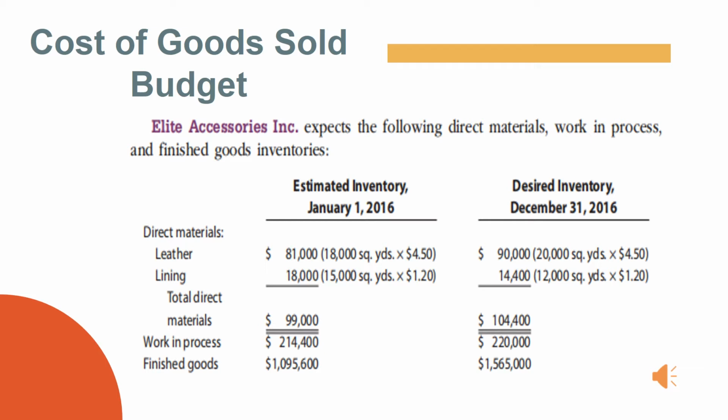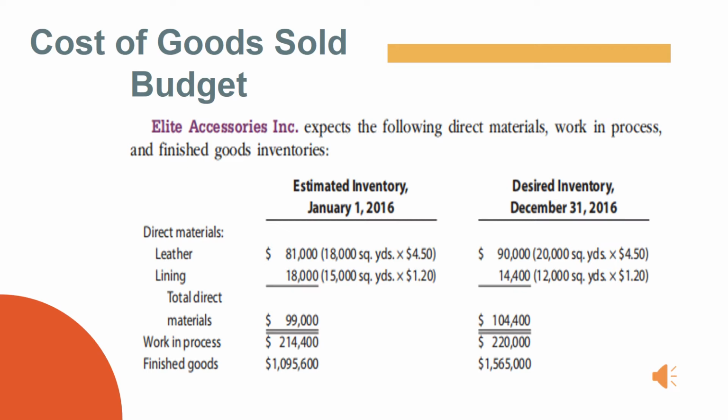amounts. So the cost of goods sold budget for Elite Accessories in Exhibit 14 indicates that total manufacturing costs of $9,522,780 are budgeted to be incurred in the year 2016.